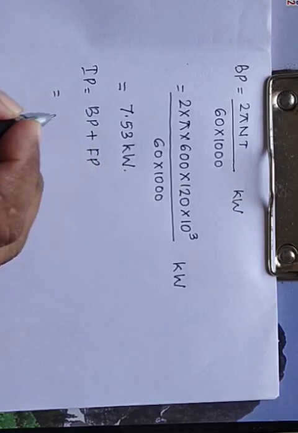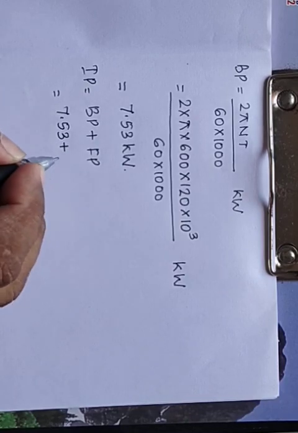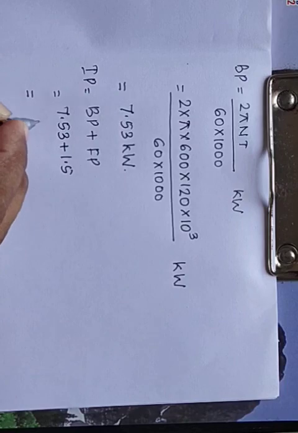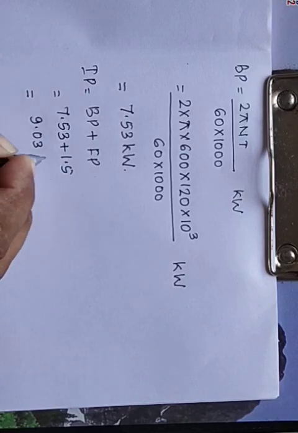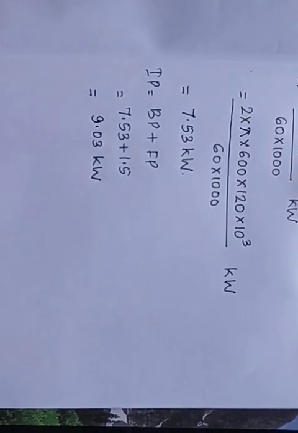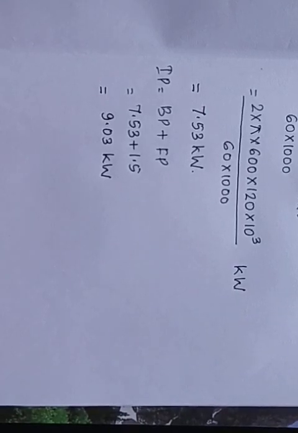So BP 7.53 plus FP 1.5, add them, you will get the value of IP, that is 9.03 kilowatt.